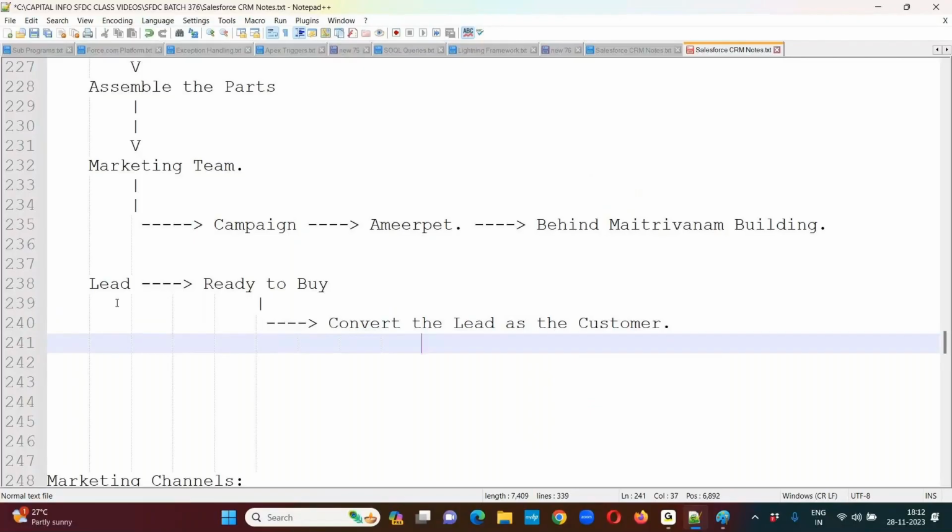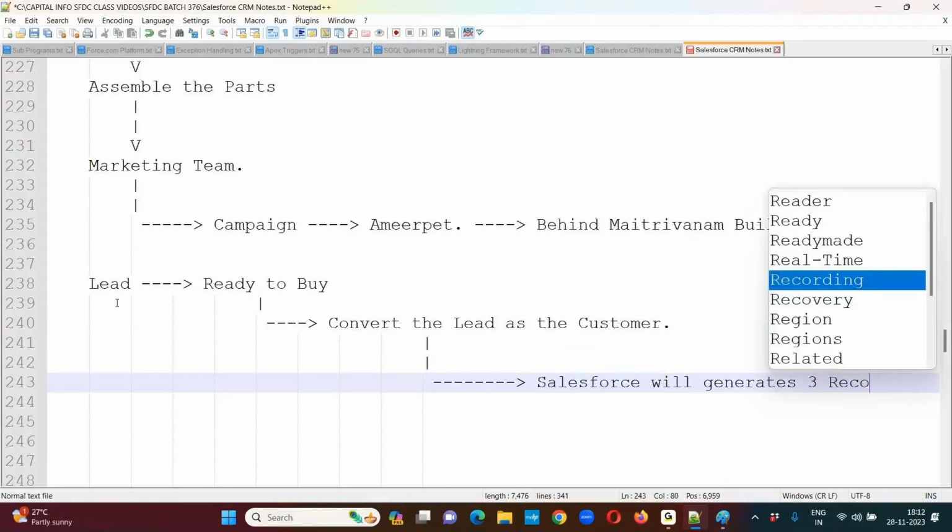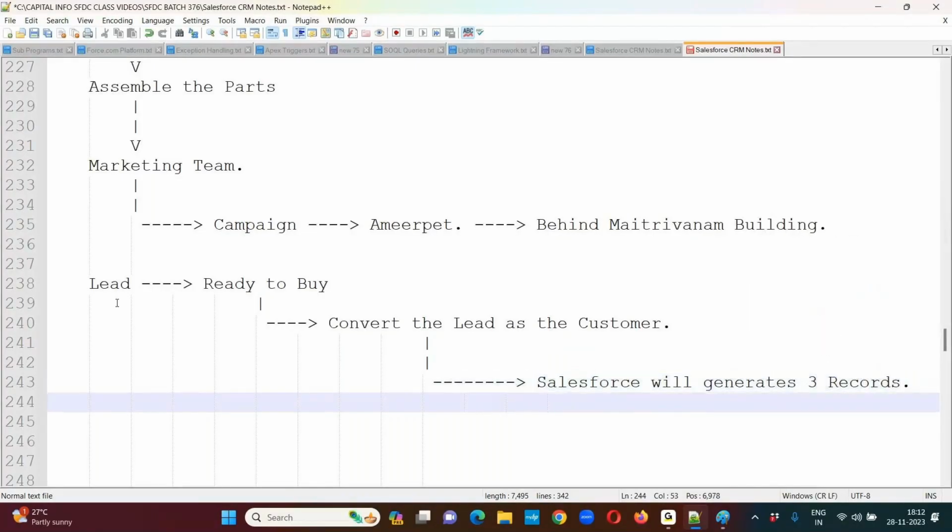Whenever we convert the lead as a customer, Salesforce will generate three records. Upon converting the lead as a customer, Salesforce will generate three records.